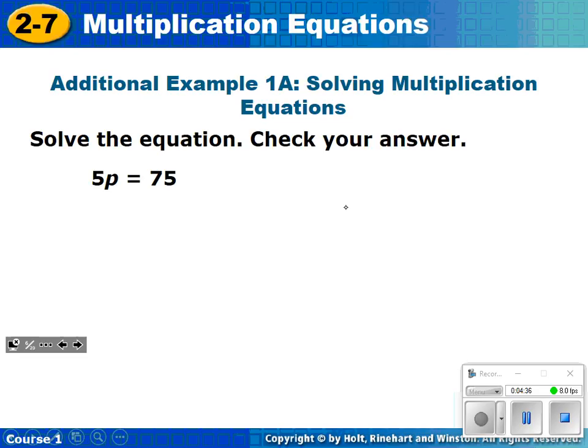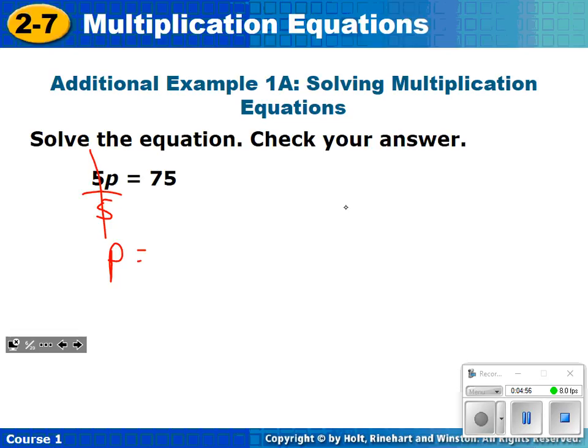You do the exact opposite. What's the exact opposite of multiplying by 5? Dividing by 5. Yes. Okay. When we take 5 divided by 5, we end up with 1, which basically ends up canceling it. We end up with p by itself.